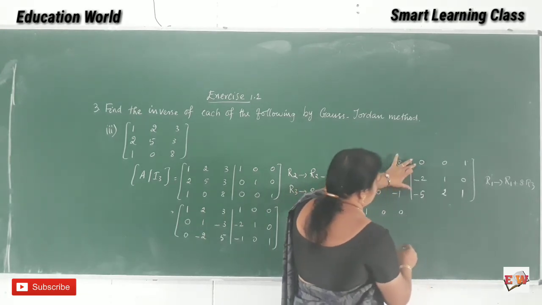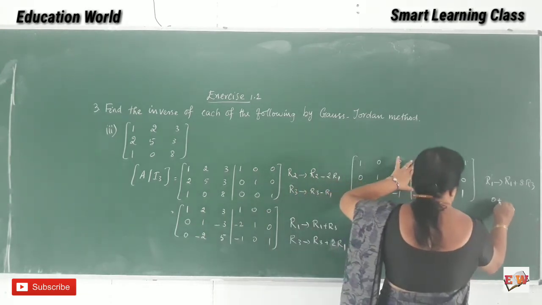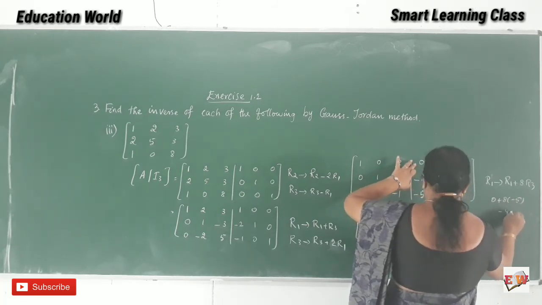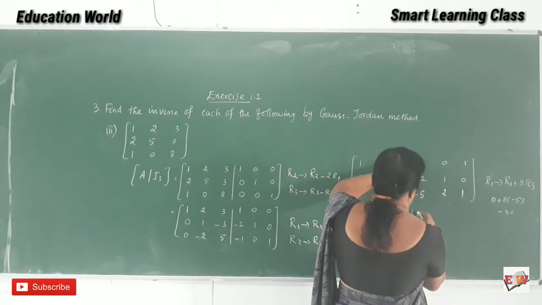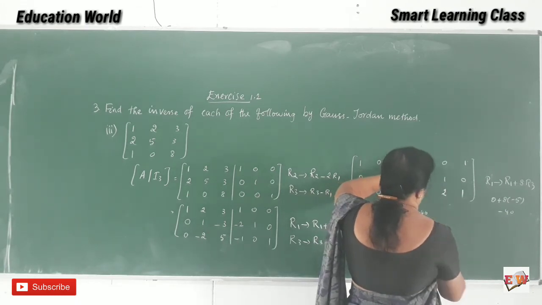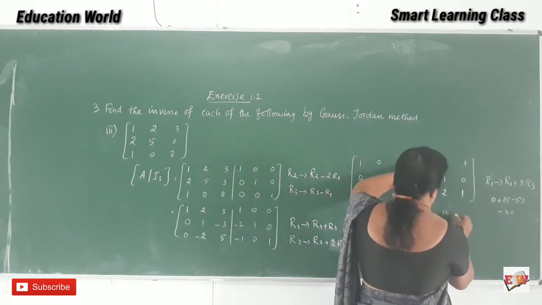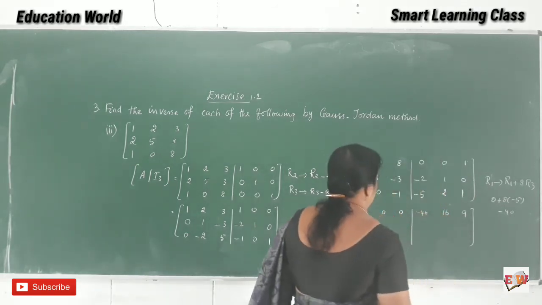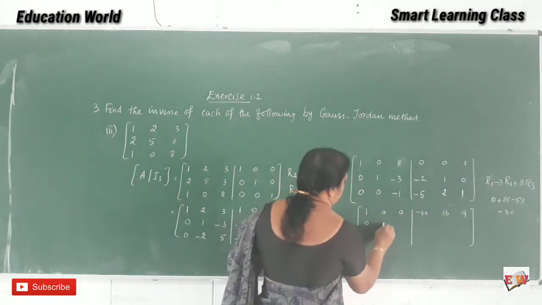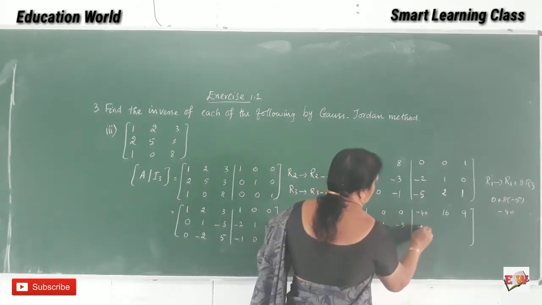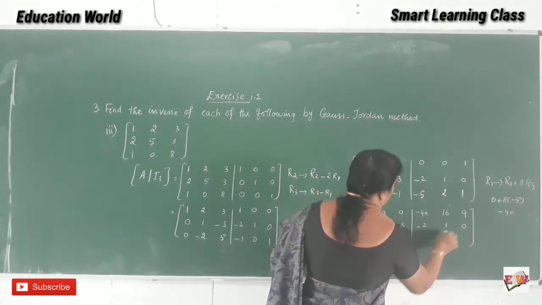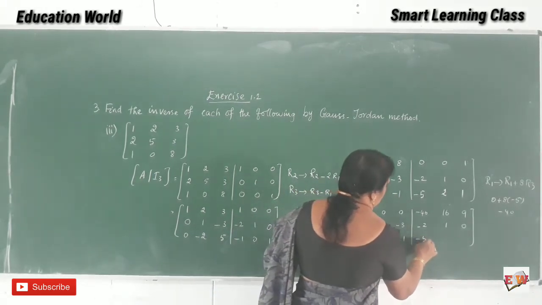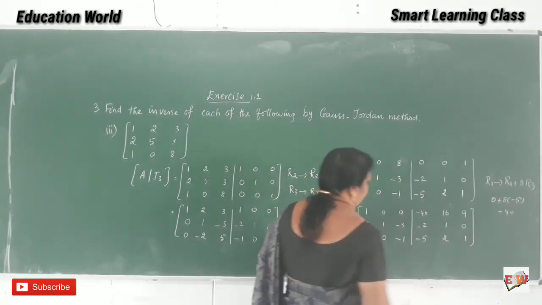Like R1, 0 plus 8 into 5, 40, minus 40, 0, 16, 1 plus 8, 9. Okay. Second row: 0, 1, minus 3, minus 2, 1, 0. Third: 0, 0, minus 1, minus 5, 2, 1.